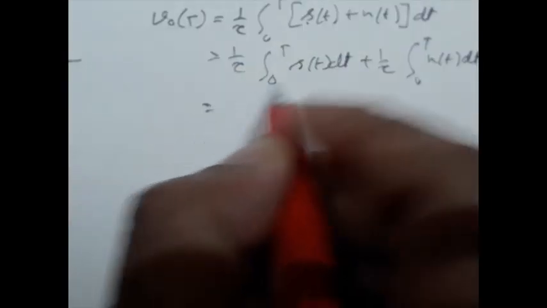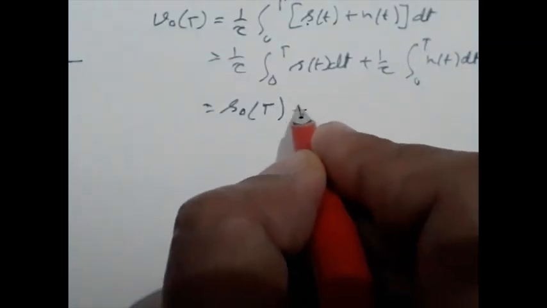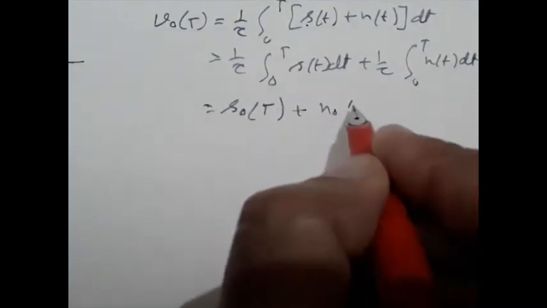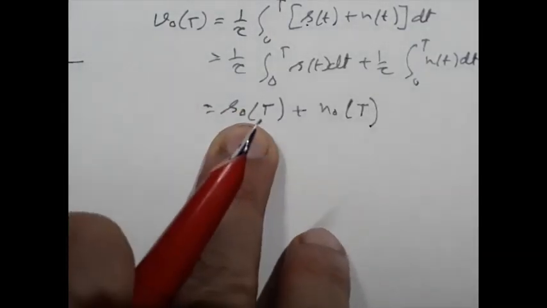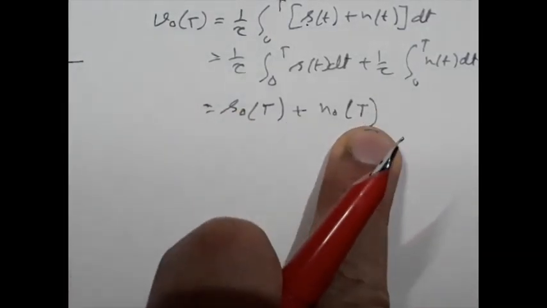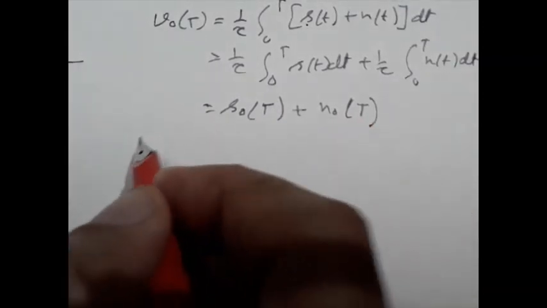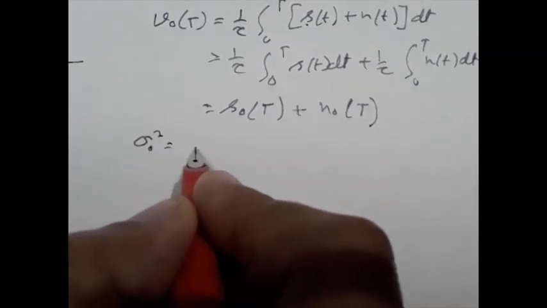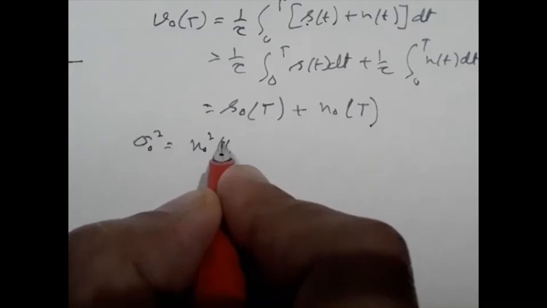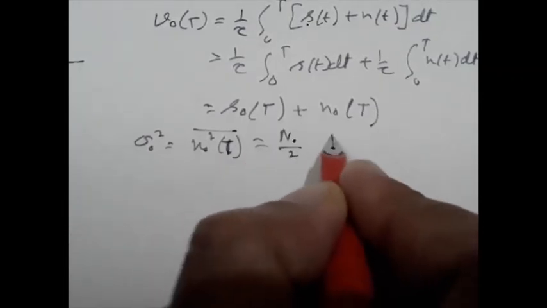This first one is the output signal part and this second part is the noise part. So this is the sample voltage due to signal, and this is the sample voltage due to noise. The variance of n0(T) is given as equal to N0 by 2 times T by tau square.